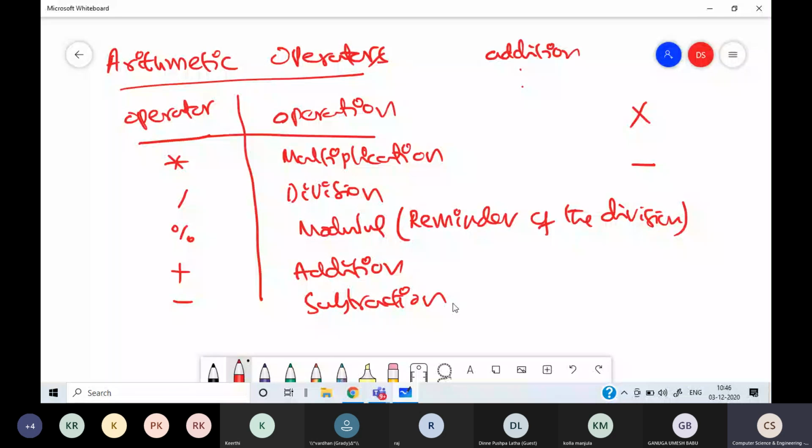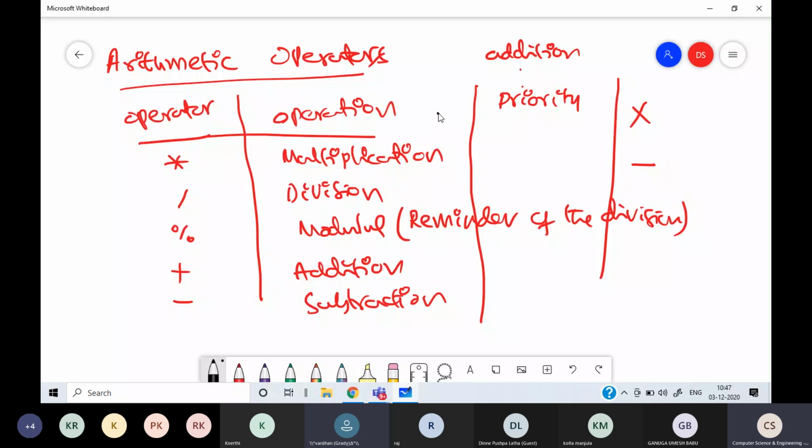But when you take these arithmetic operations with multiple operands and operators, we should give some priority. Which one should be executed first? Multiplication, division and modulus all three have priority one, so they are executed first.